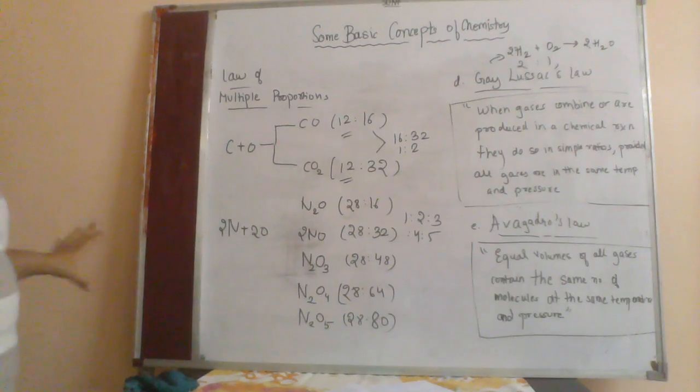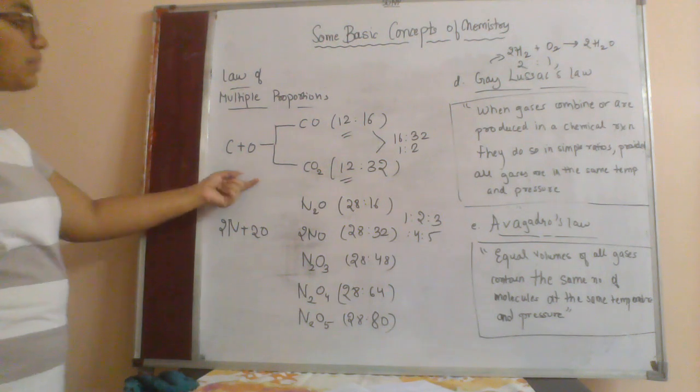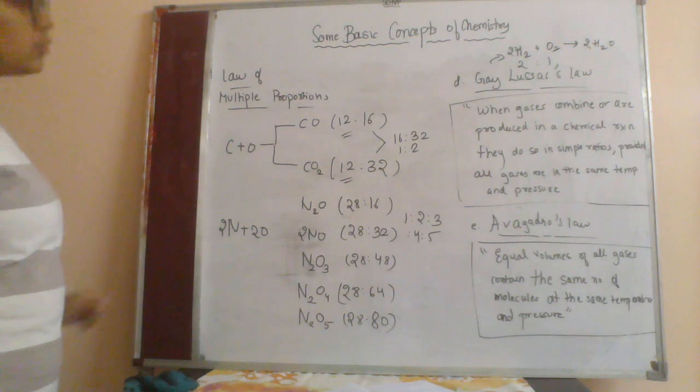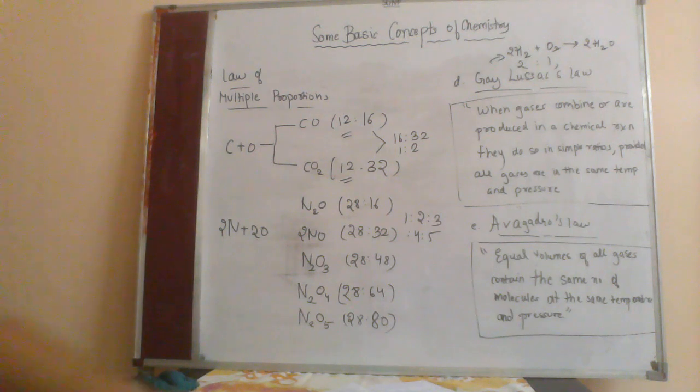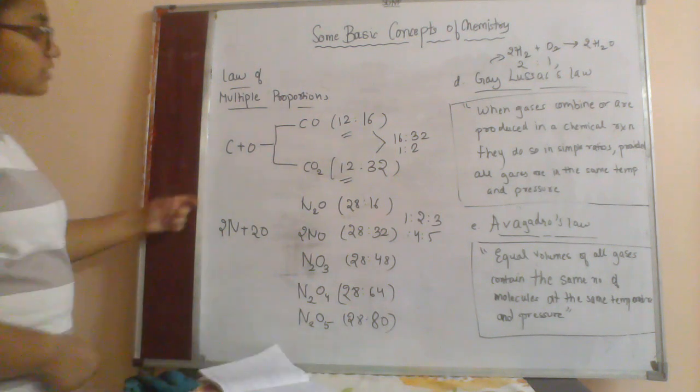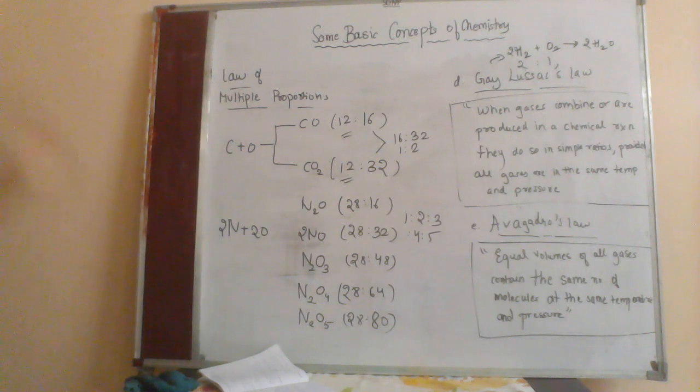The examples for the law of multiple proportions are, as we discussed, C plus O giving CO as well as CO2. So here, as you can see, we talked about fixed mass in the definition. So here the fixed mass is of carbon, that is 12 gram per mole.